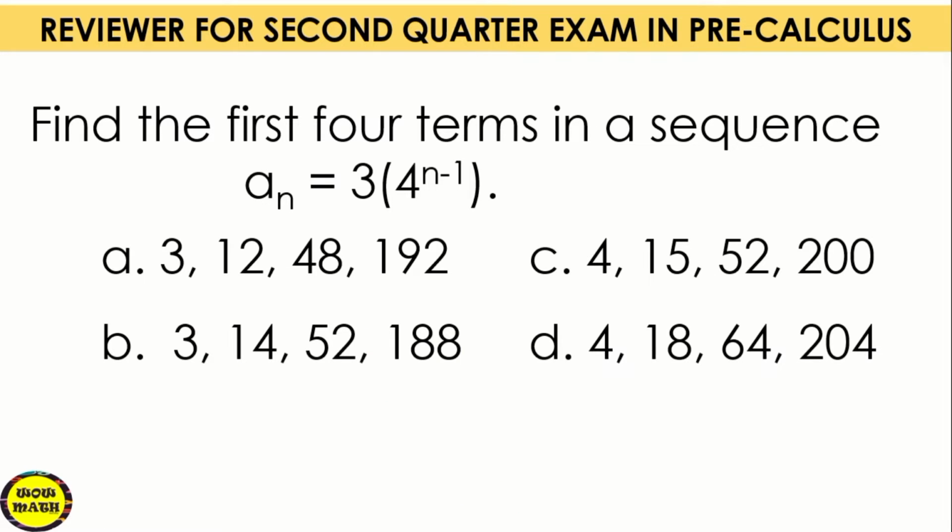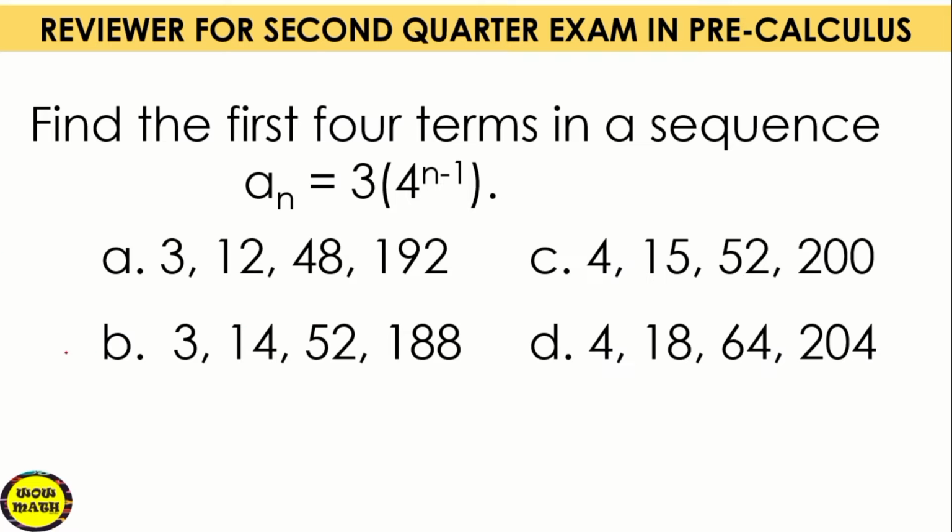Next, find the first four terms in a sequence a sub n is equal to 3 times the quantity 4 raised to n minus 1. Since pinapakuha yung first four terms, what we're going to do is to substitute the numbers 1, 2, 3, and 4 sa n natin. So let's start with 1.